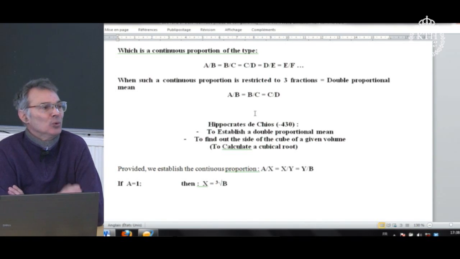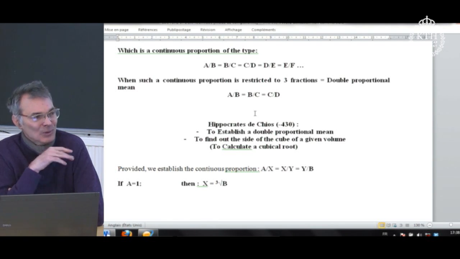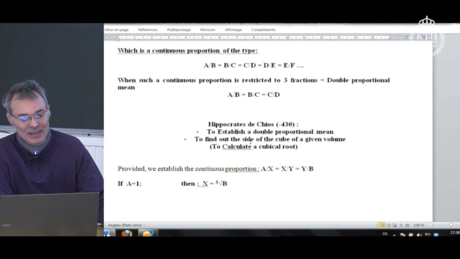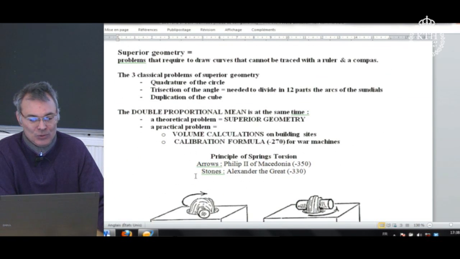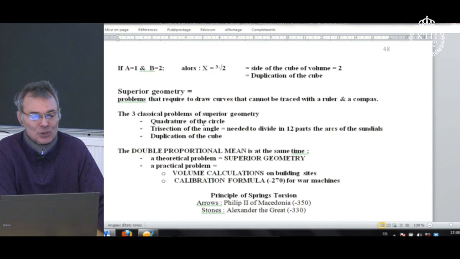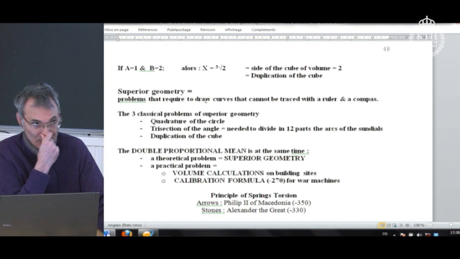So how do you calculate a cube root at a time when you have neither a computer nor a small electronic device? You just build instruments, or you build interesting constructions. But first we have to understand that none of those constructions can be built with the ruler and the compass.